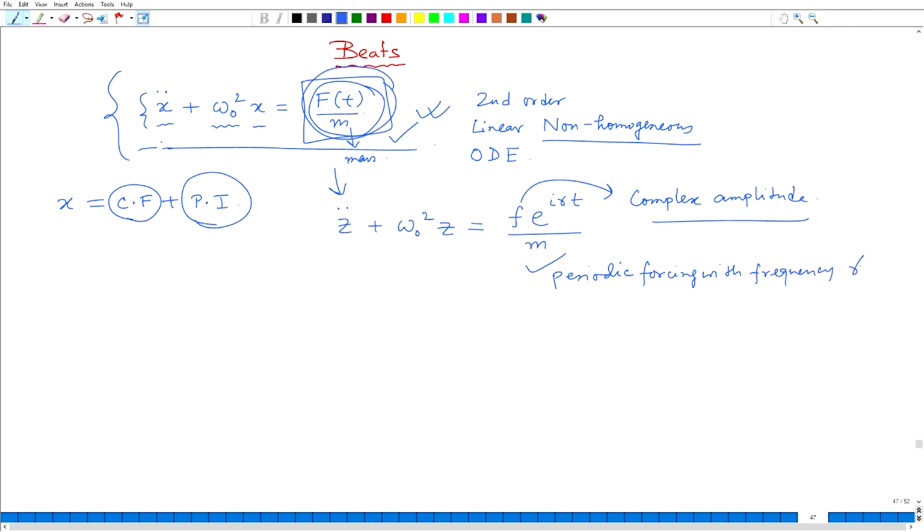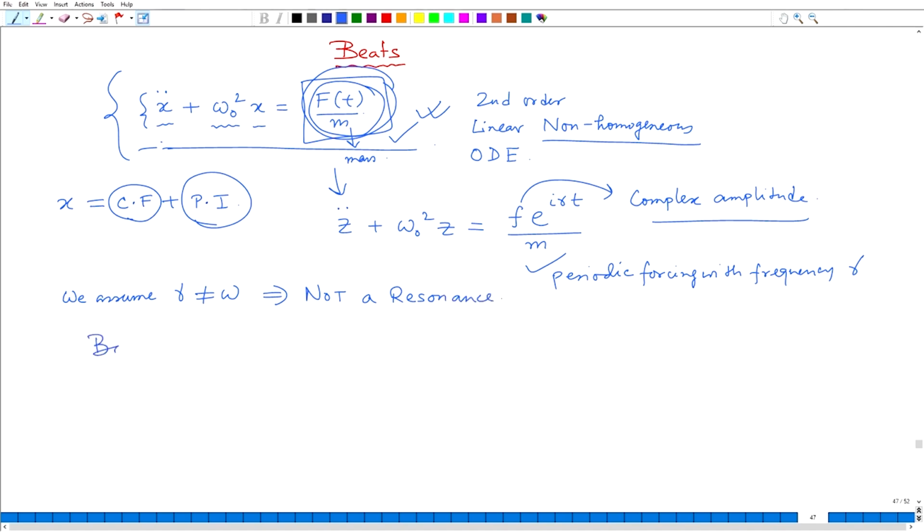gamma, okay. Now, we assume gamma is not equal to omega. So, this is not a resonance case.